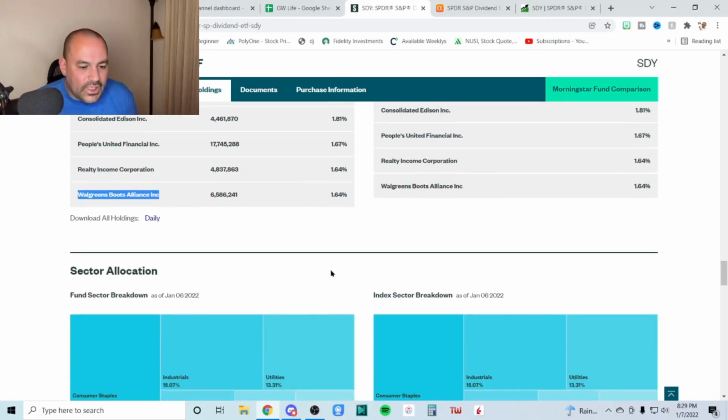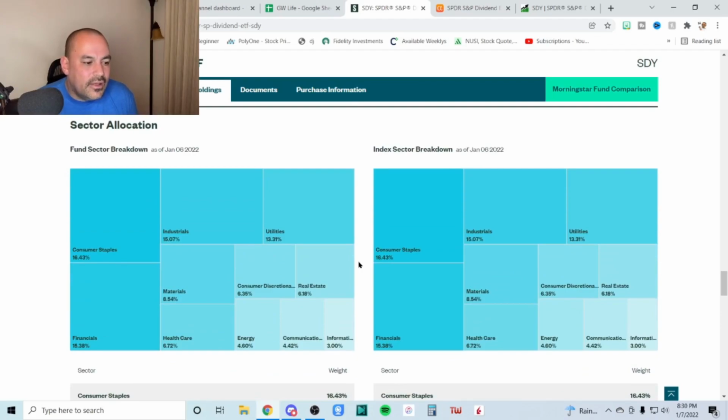So let's take a look at the sector allocation here. As of January 6th, consumer staples takes the top spot at 16.43%, followed very closely by financials at 15.3%, followed closely again by industrials at 15%, 13% in utilities, 8.5% in materials, 6.7% in healthcare, 6.3% in consumer discretionary, 6% in real estate, 4.6% in energy, 4.4% in communication services, and information technology bringing up the rear at 3%.